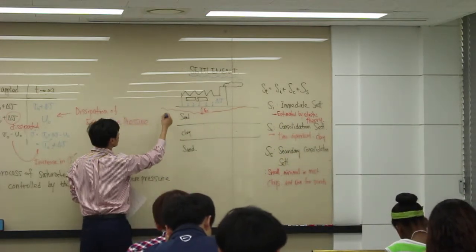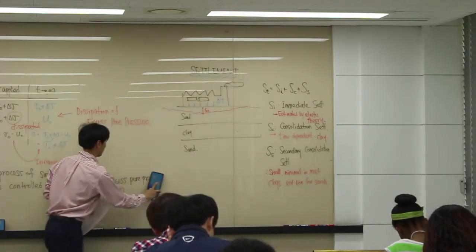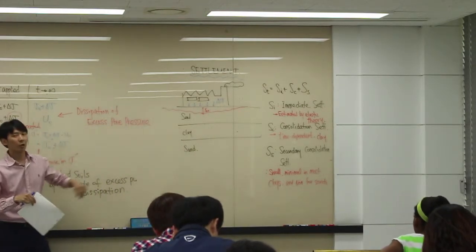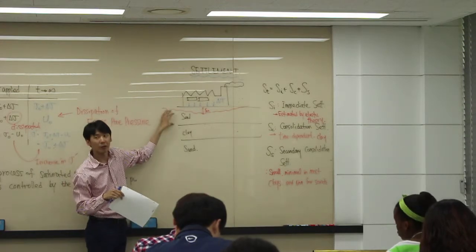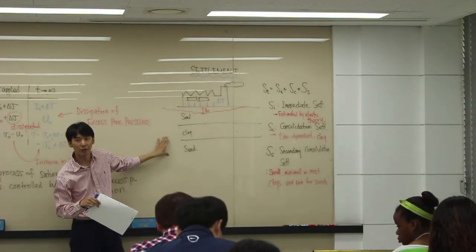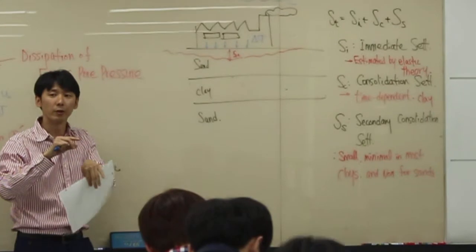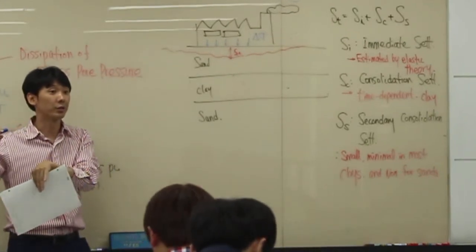So in this case, you have a layer of soil, like sand layer, clay layer, and sand layer. Then you develop a different amount of settlement in each layer.